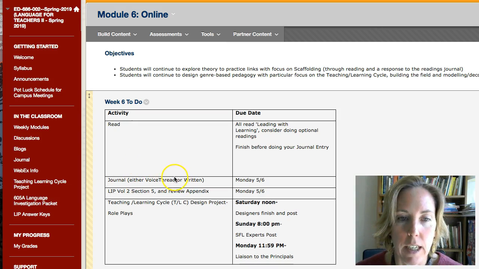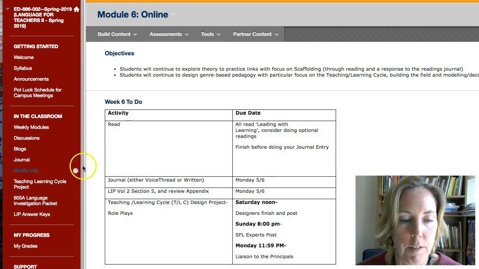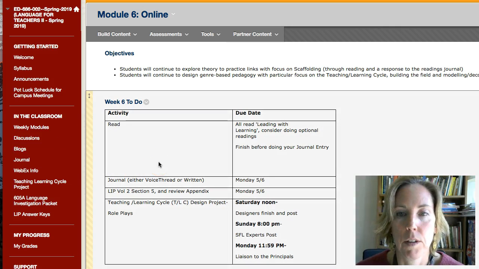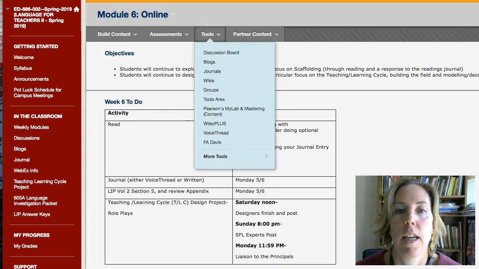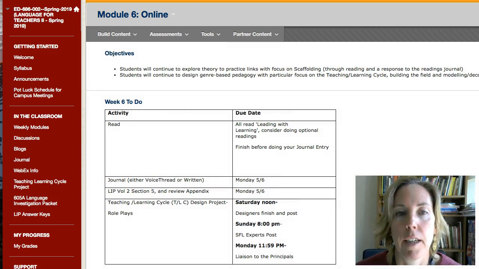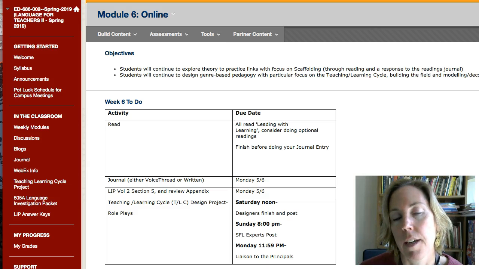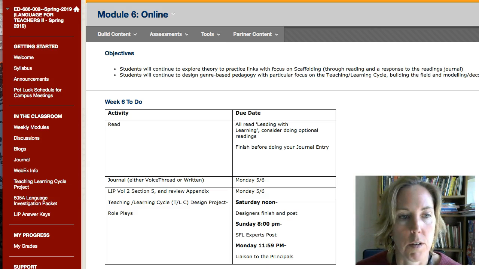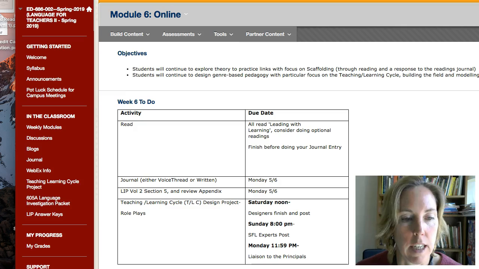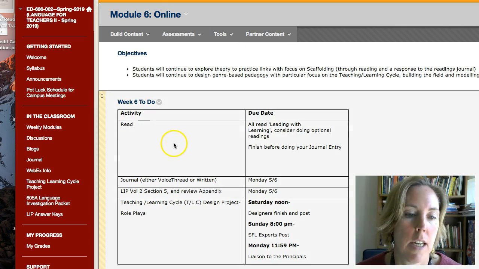And overall, the online format. The goal is to enrich the learning experience and make it better than it would be purely online or all face-to-face. So to what extent is that working?